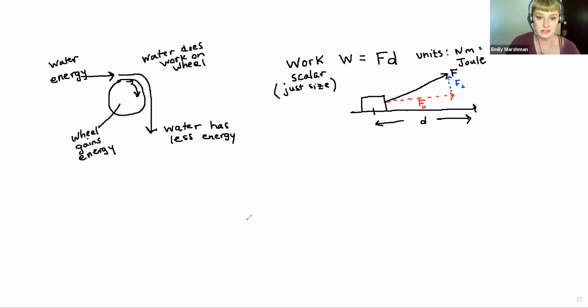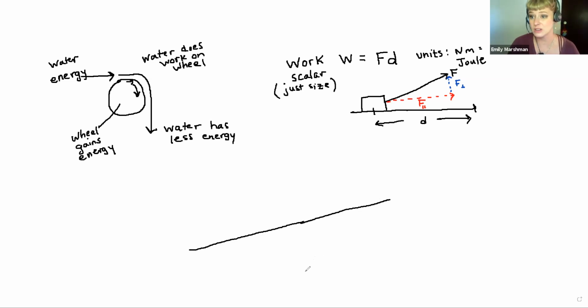And this has a few applications for things like simple machines. So there might be a few questions in your homework about simple machines. Simple machines are machines that amplify the force. Okay, so what do I mean by that? Let's take a simple machine, a lever.